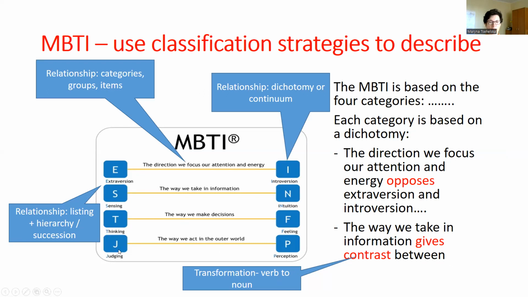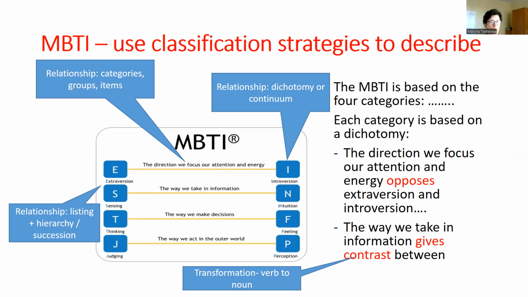So when we learn about the MBTI and we have this type of table, we can talk about the four main categories, the dichotomy inside each category, and we can list them in this way.